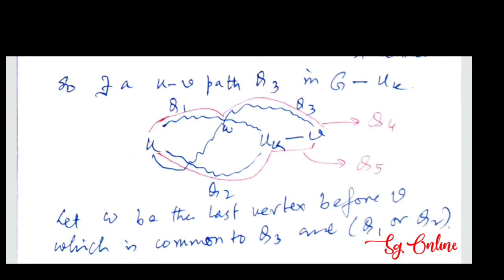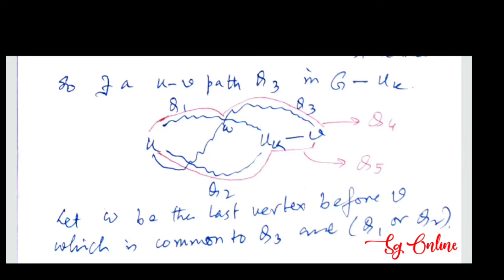So from W to V, this path along Q3, there is no common vertex between Q2 because W was the last common vertex that was possible to either Q1 or Q2. So after W, there is no common vertex between Q2 and Q3. So W to V along the path Q3 has no vertex common with Q2.